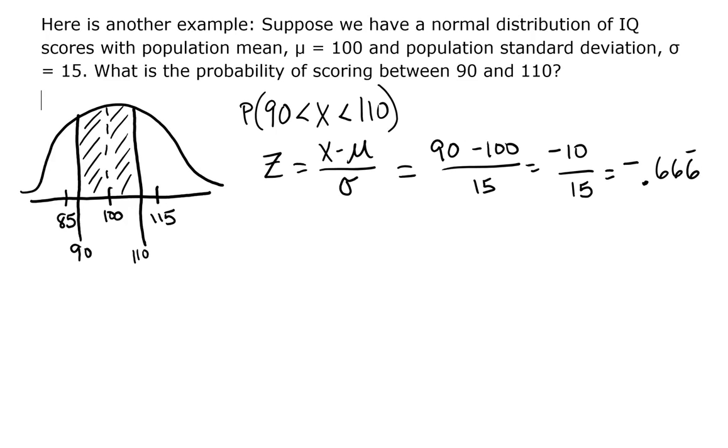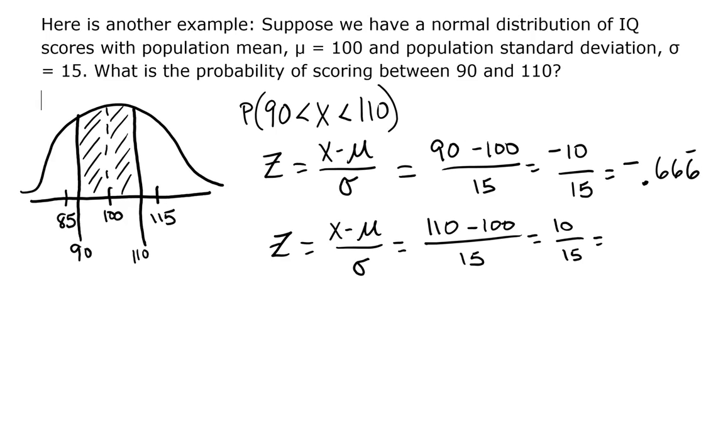And then the second z-score, again, x minus mu divided by sigma, which is equal to 110 minus 100 over 15, which is equal to positive 10 over 15, which is equal to positive 0.666.